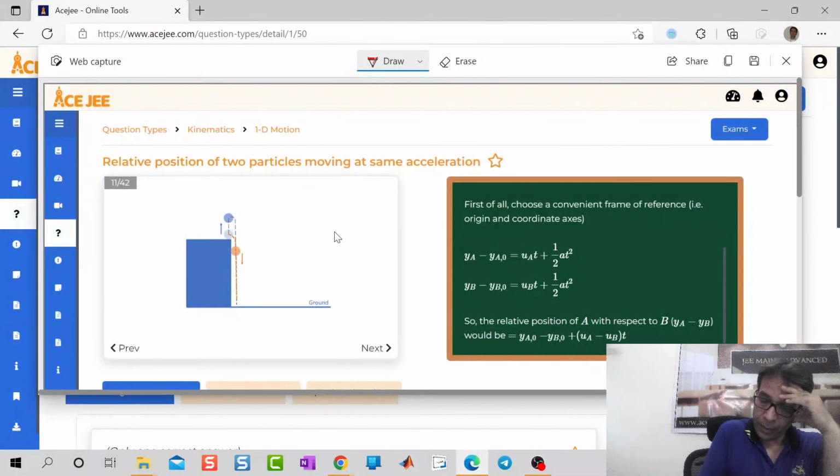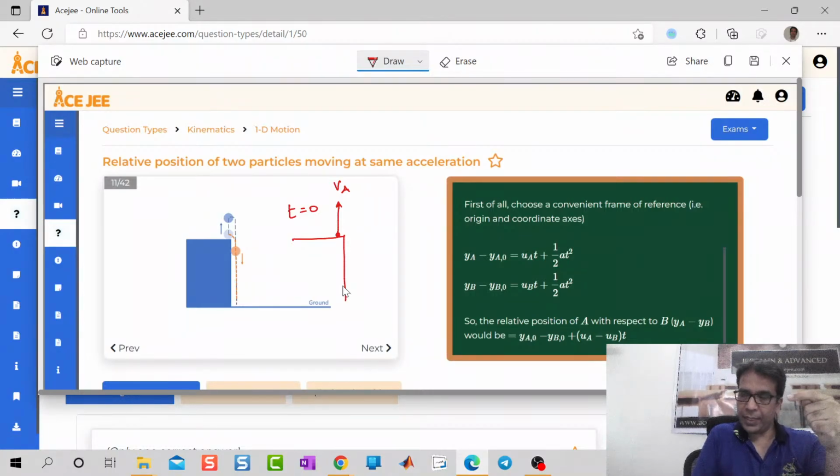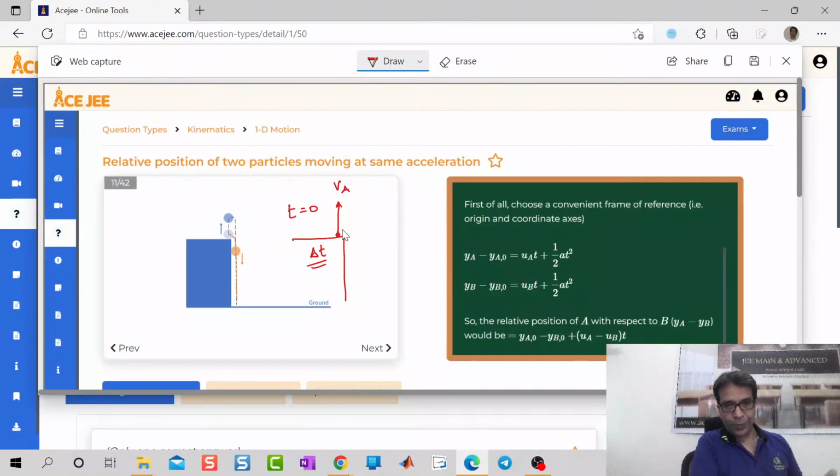So let's say particle A is thrown upwards at t equals 0 with some speed VA. Then let's say you are given that particle B is thrown upwards or downwards after a certain time delta t. And let's say you are asked to determine the expression for the relative position.